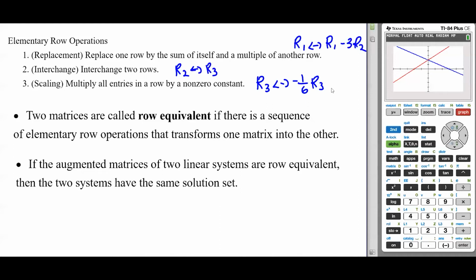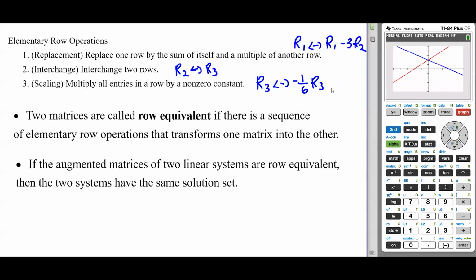So really, as long as you do these operations and you do them correctly, you don't make mistakes, you're not going to mess up the solutions. Now you can get into kind of loops where you don't make it any closer to finding your solution, but there's always a way to come back. The only thing you really shouldn't do is multiply a row by 0. That will just zero out your row, and you're going to lose information that way. Okay, so you don't want to do that.